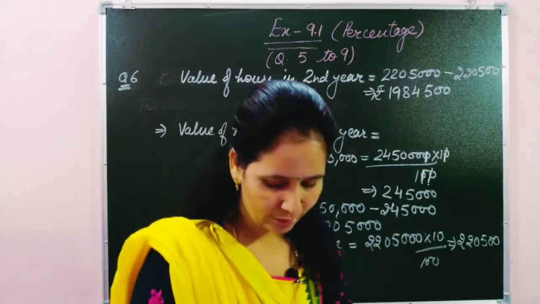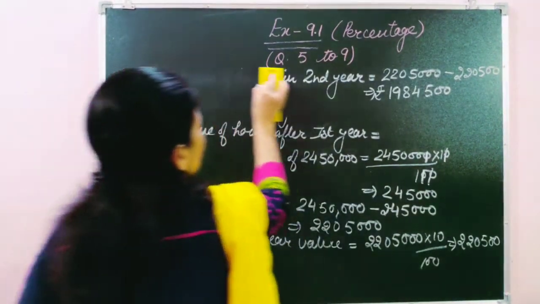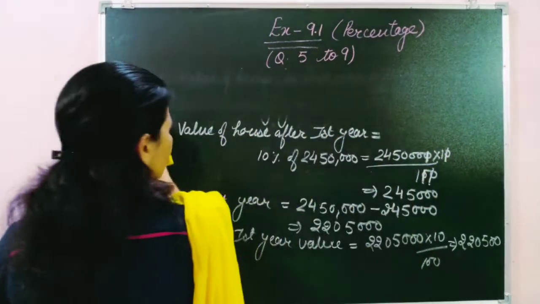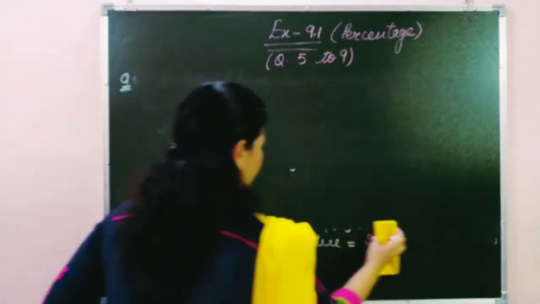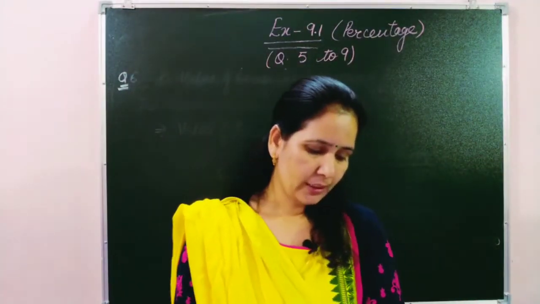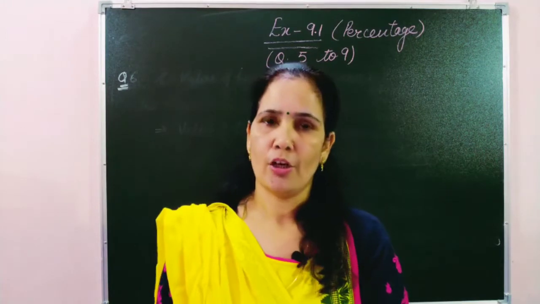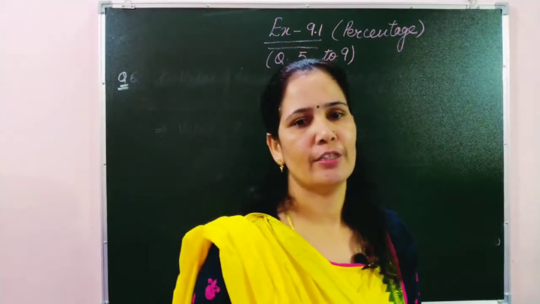Okay students, now let's move to the next question, question number 7. In question number 7 they have given A saves 40% of his salary and B saves 22% of his salary.